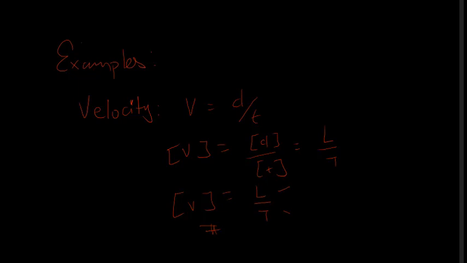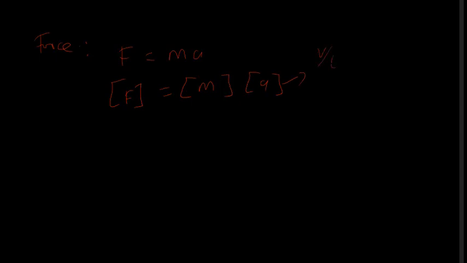If we take another example, maybe we take, for example, force. We know that force is just given by mass times acceleration. Therefore, if we want to express the dimensions of force, we'll just say dimensions of force are given by dimensions of mass and dimensions of acceleration. And we know that acceleration is just given by velocity over the time.